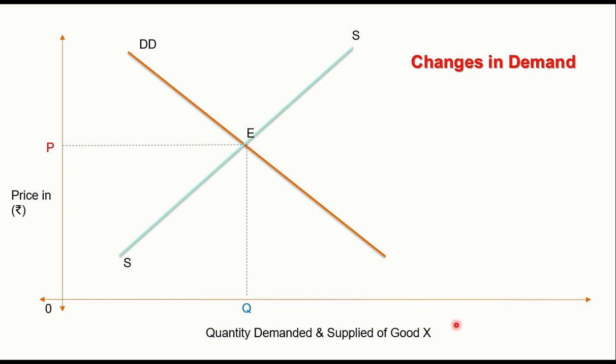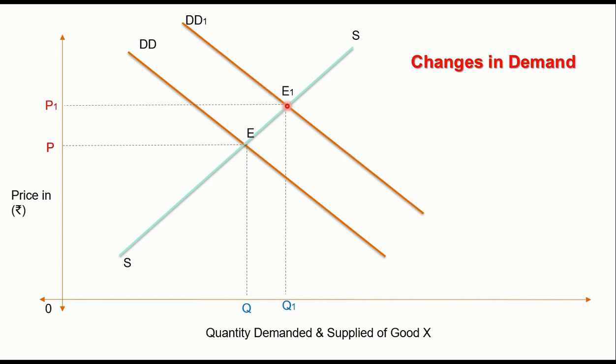In this diagram, DD is the original demand curve and SS is the original supply curve. Both the curves intersect at a point E where market equilibrium happens. At point E, quantity demanded is equal to quantity supplied. Therefore, the equilibrium price is OP and the equilibrium quantity is OQ.